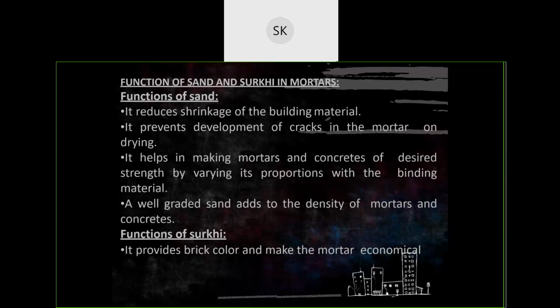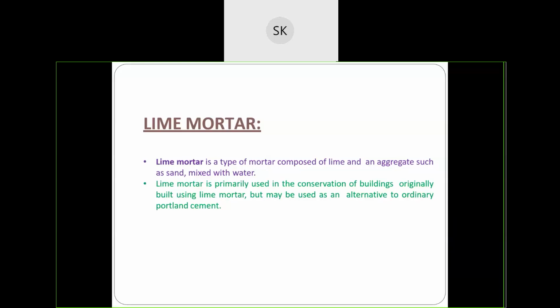It helps in making mortar and concrete of desired strength by varying its proportion with the binding material. A well-graded sand adds to the density of mortar and concrete. Next is the function of surki: it provides brick color and makes the mortar economical.